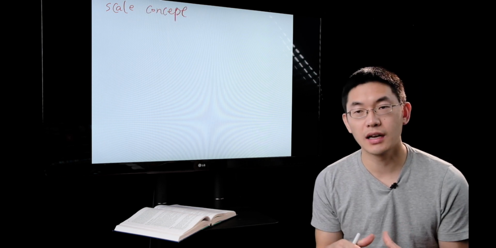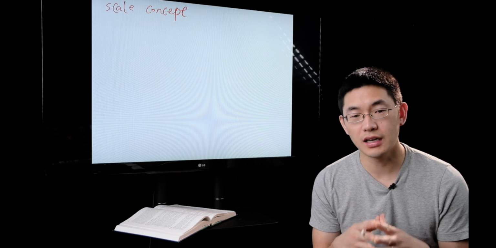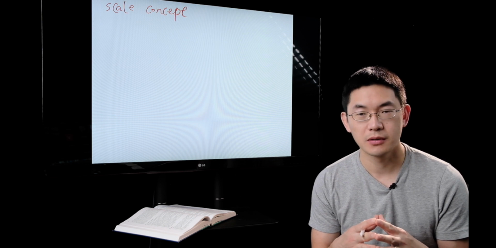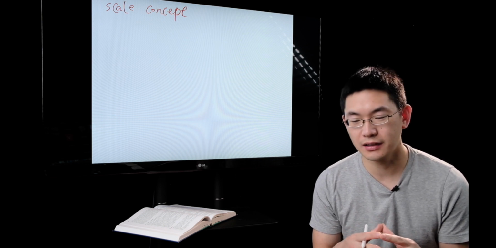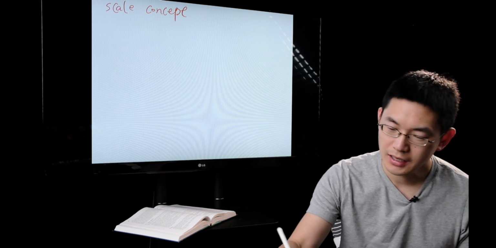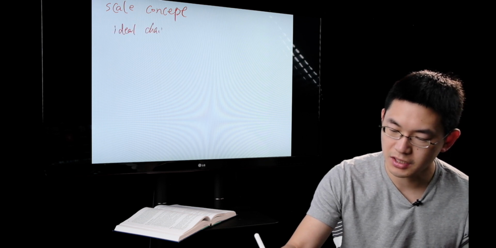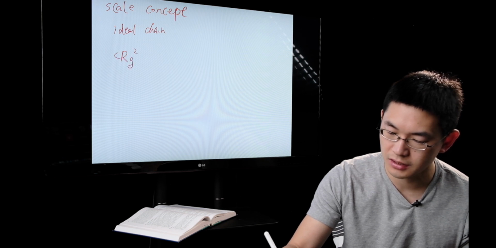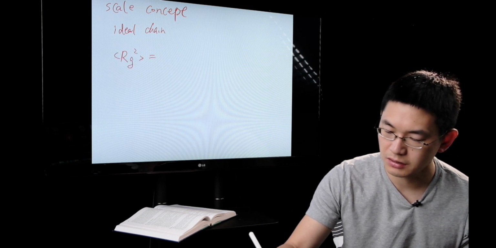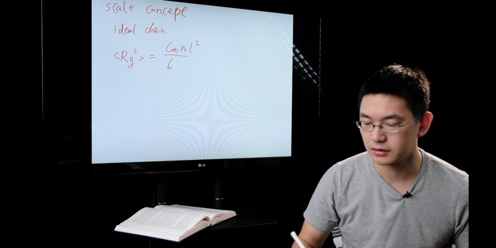We already know that your polymer size will increase with the number of polymer bonds in the backbone. That has been covered throughout this lecture. And for an ideal chain, we can generalize the end-to-end distance, or let's use Rg in this case, which equals 1/6 m l squared.